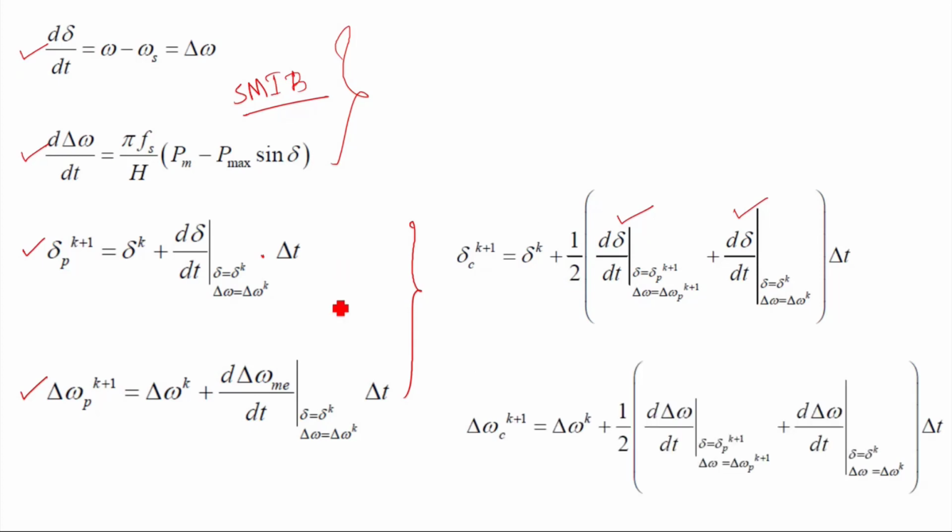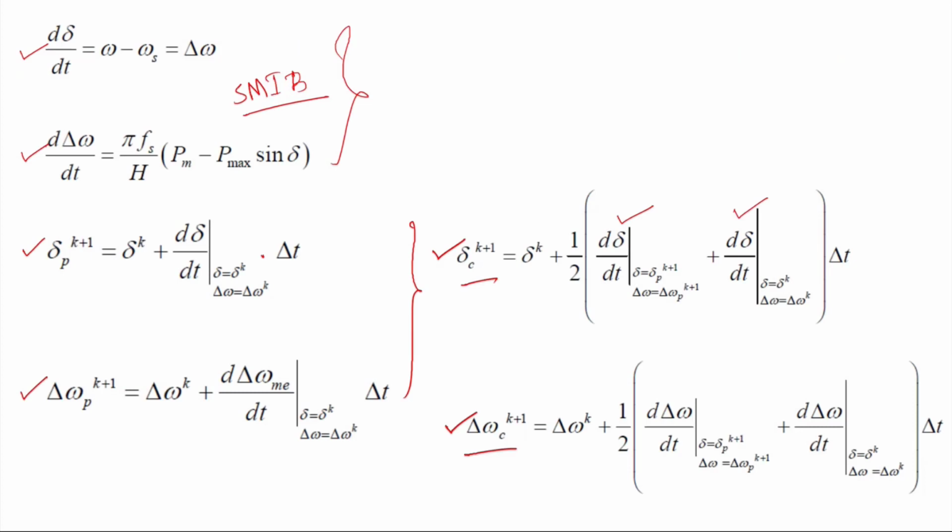Similarly, your delta omega calculated at the corrector step, this one, and your delta calculated at the corrector step is this one. Now these are the new values of delta c and delta omega c, and these are the corrector steps and which is the final values, right? Then it will continue, move forward.